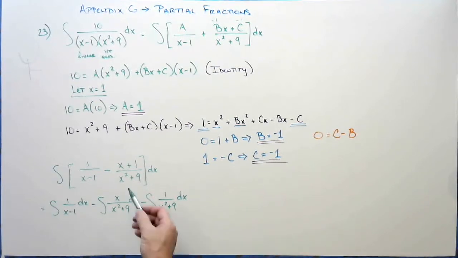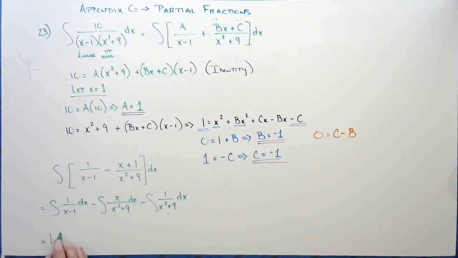So the trick with an integral like this, where you have an irreducible quadratic on the bottom, is to split it into 2 integrals. This integral we can do by inspection. By inspection, we know this integral is equal to the natural log of the absolute value of x minus 1. This integral we can do by inspection. This is inverse tangent.